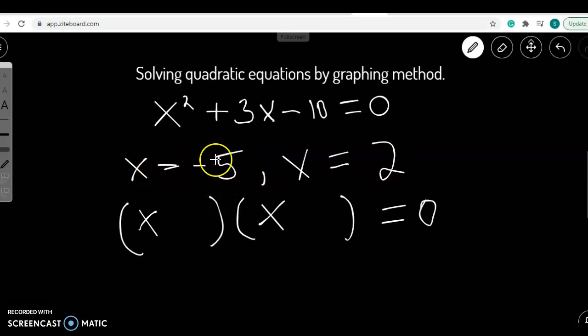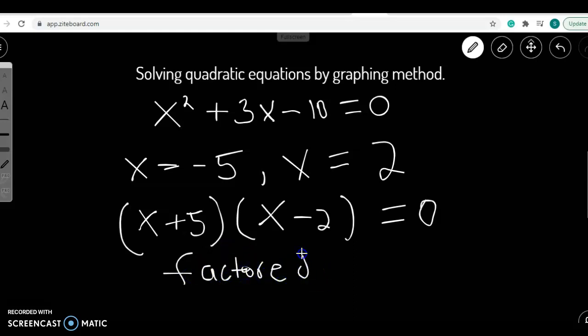Here we have -5, so the opposite of -5, the flip of it, is going to be +5. And here 2, the opposite of 2, or the flip of it, is -2. So this gives you the factored form of this solution.